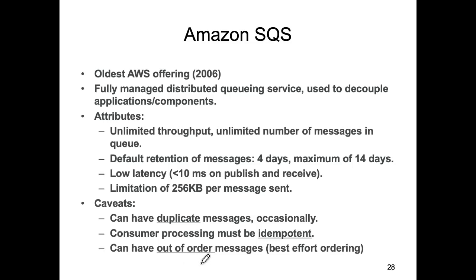If it is a problem, then you can configure your queue such that the ordering of the messages is maintained. It does have implications though on latency, so you try and avoid that if you can. And in the majority of cases, the ordering of messages isn't actually important.